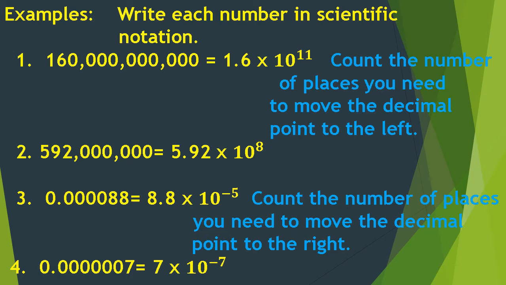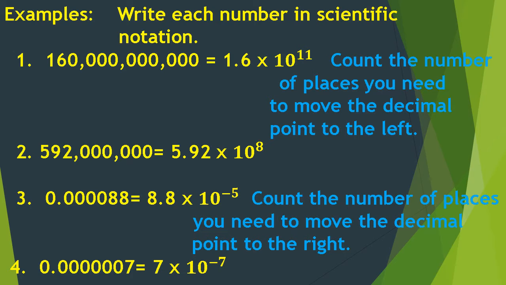Count the number of places you need to move the decimal point to the left. So we are going to count the number of places to move the decimal point to the left.